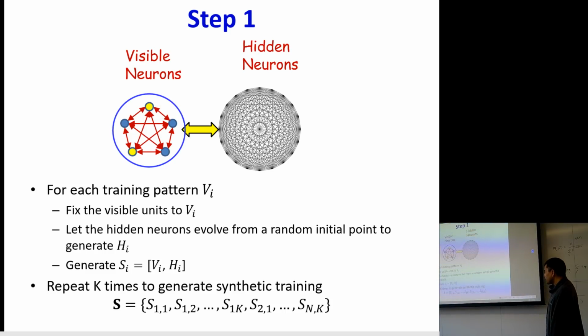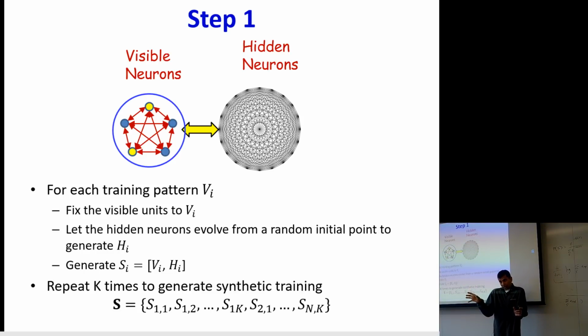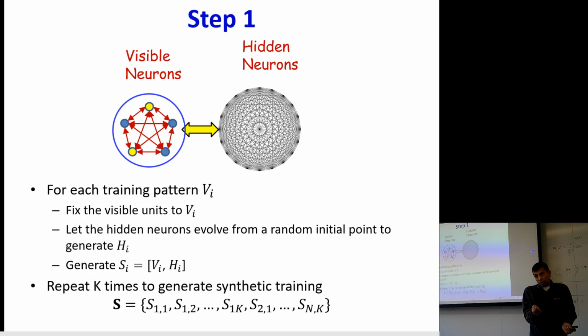And the way we will do it is, remember, your gradient descent had two components, right? The first component was the expectation of the products of pairs of bits over the distribution of training samples.